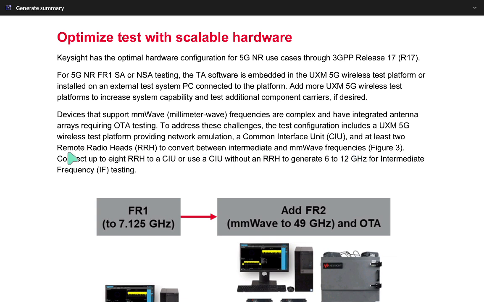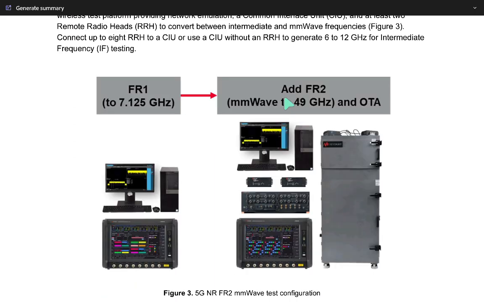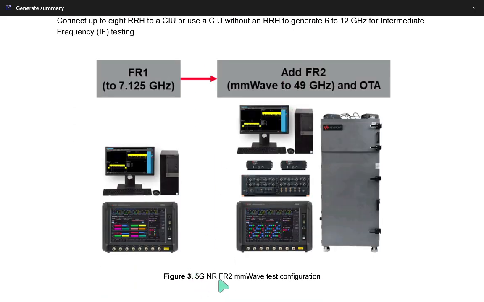Figure 3. Connect up to 8 RRHs to a CIU or use a CIU without an RRH to generate 6 to 12 GHz for intermediate frequency IF testing. Figure 3, 5G NR FR2 millimeter wave test configuration.